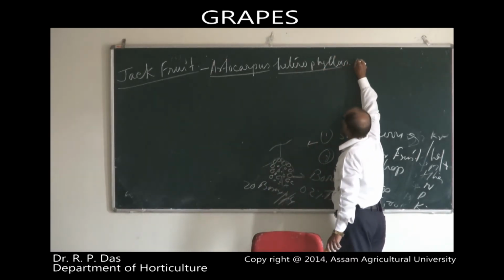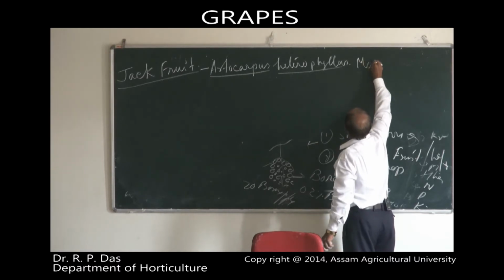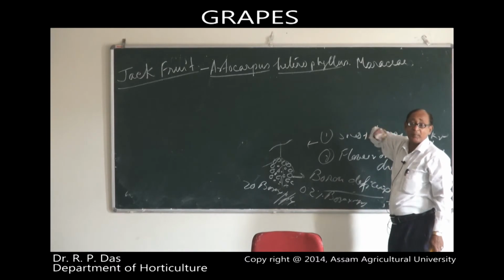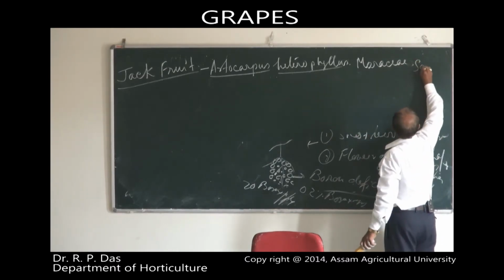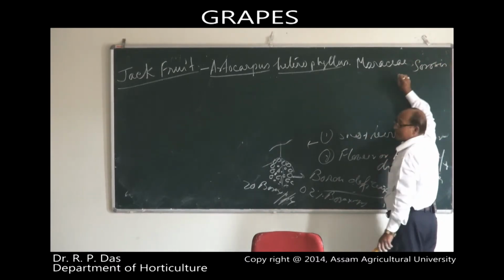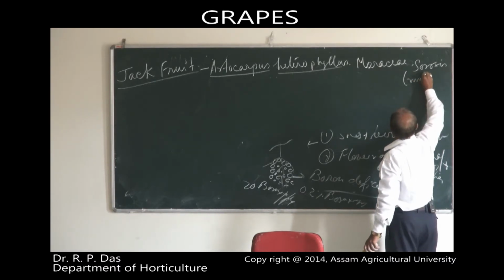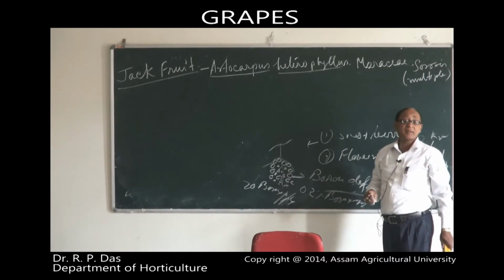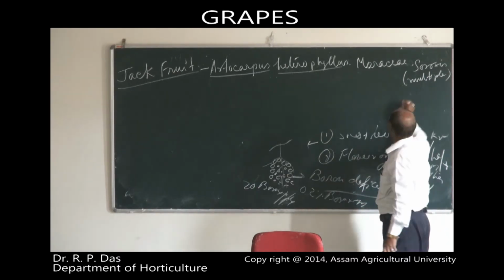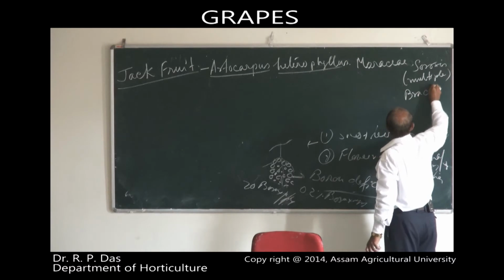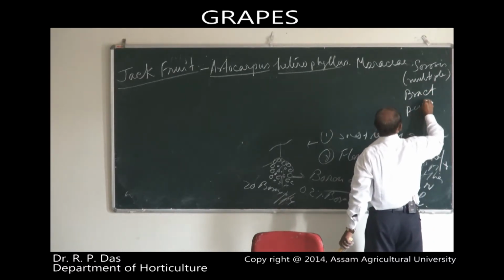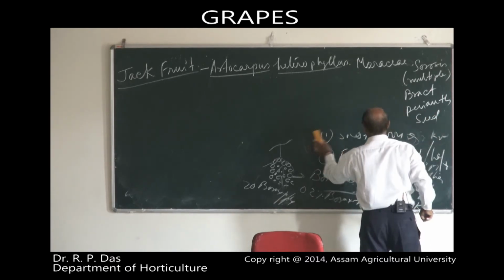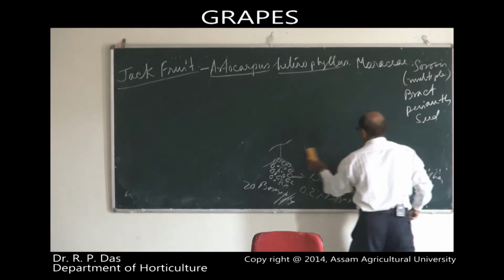Belongs to the family Moraceae. Type of fruit: sorosis, which comes under multiple fruits. Edible portion of jackfruit: bract, perianth and seed.